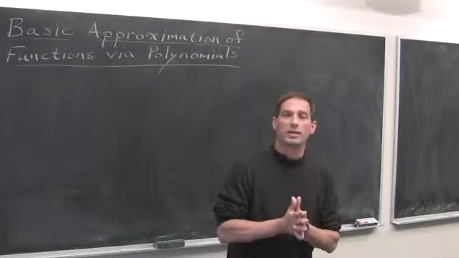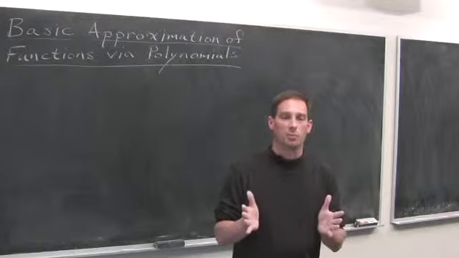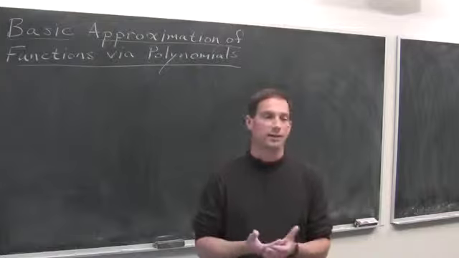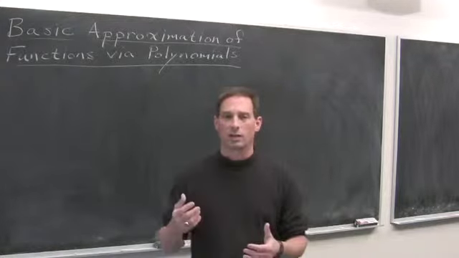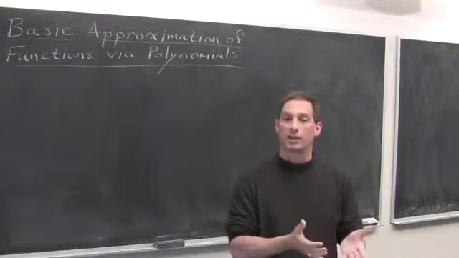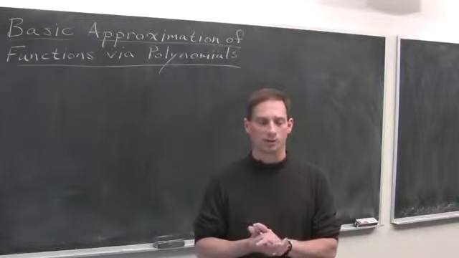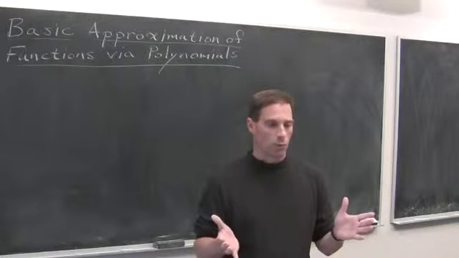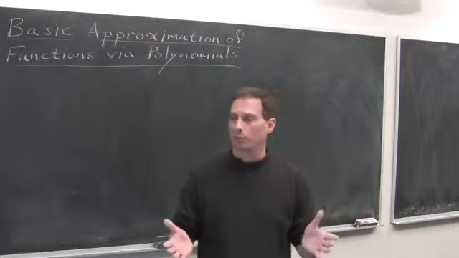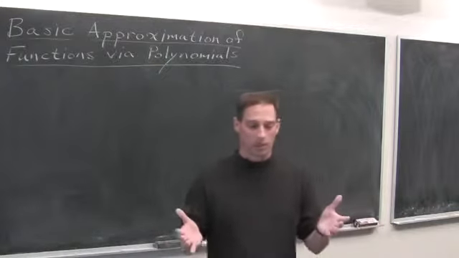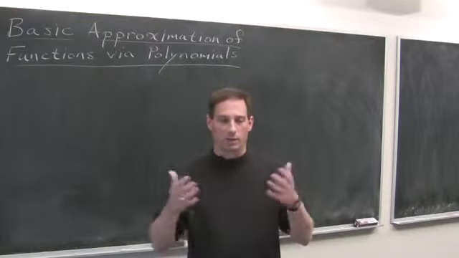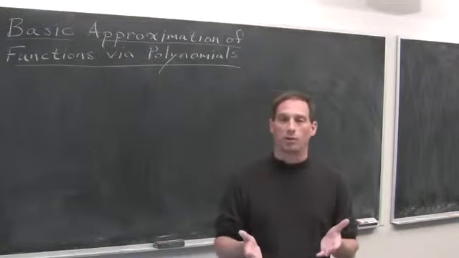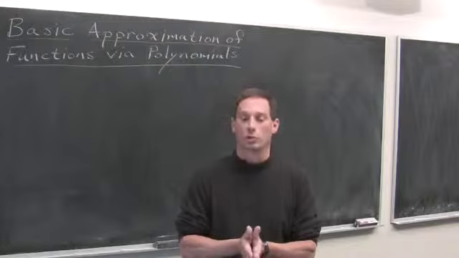What we want to do in this section is approximate functions that aren't polynomials. So functions that are not polynomial functions, like e to the x, sine of x, natural log of x. We want to approximate functions like that, so these transcendental functions, by polynomials. Why do we want to do that? Well, because we understand polynomials. Polynomials are our friends. We can, by hand, raise numbers to powers, multiply by constants, and add and subtract. It might take a while, and you'd probably use a calculator, but you could do it by hand.